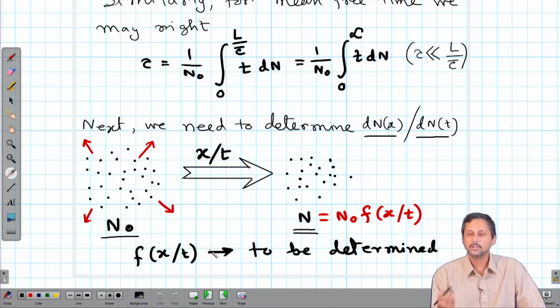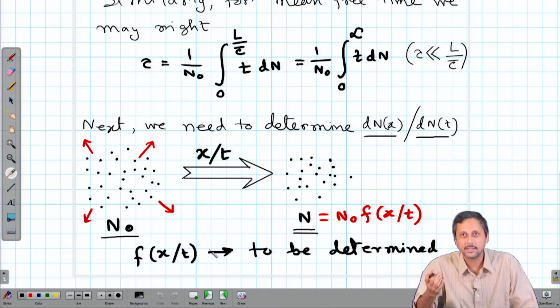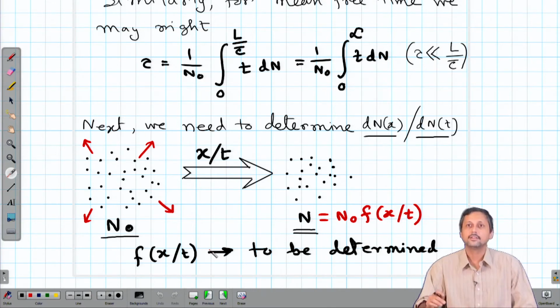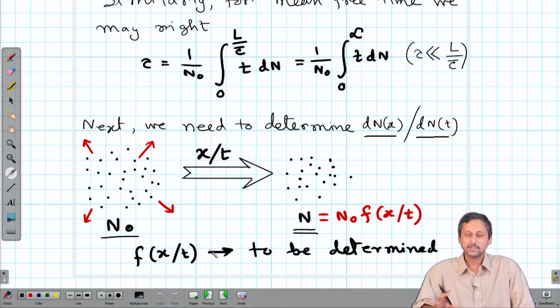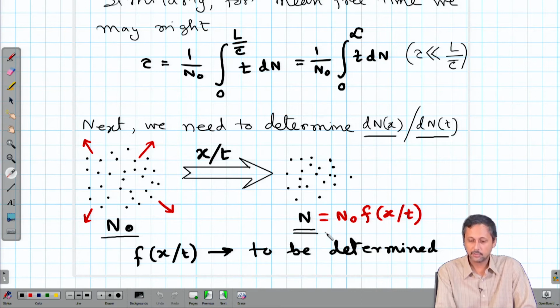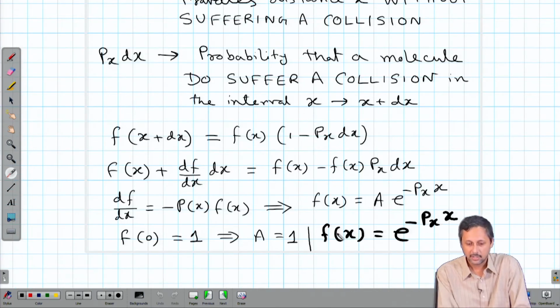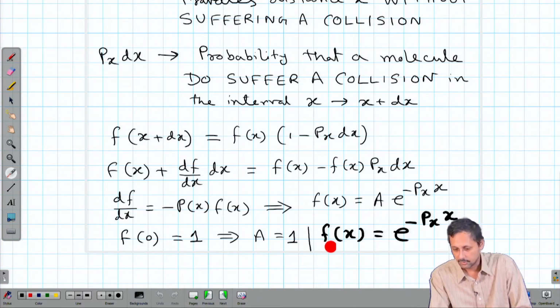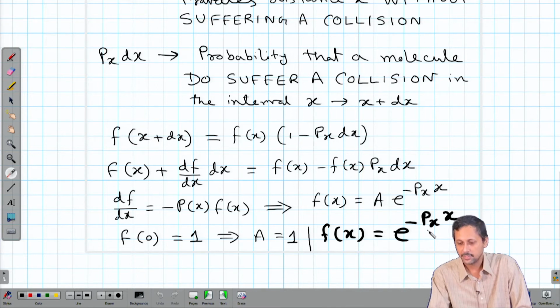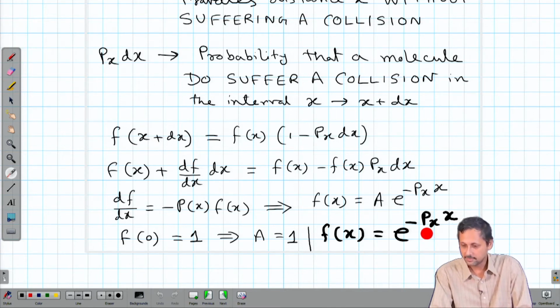So, there is no collision at the beginning, at the initial distance, and the total number is equal to n0. So, n at x equal to 0 is equal to n0, right. So, that gives you a equal to 1. So, the function f x is simply e to the power minus p x x. p x is undetermined at present; we do not know what p x is.